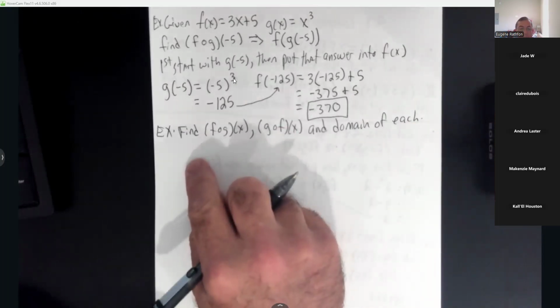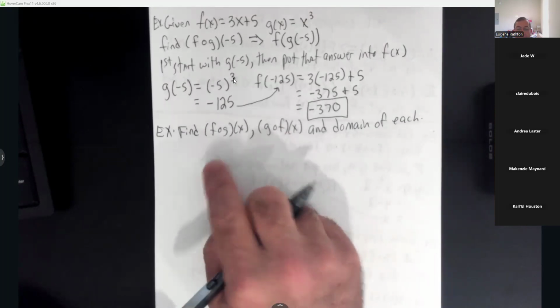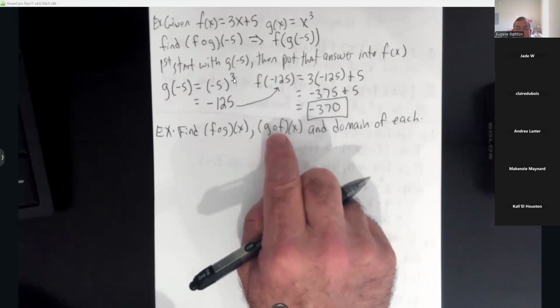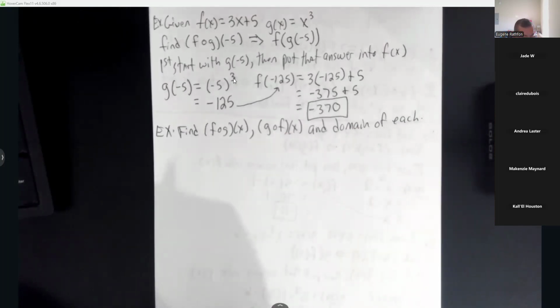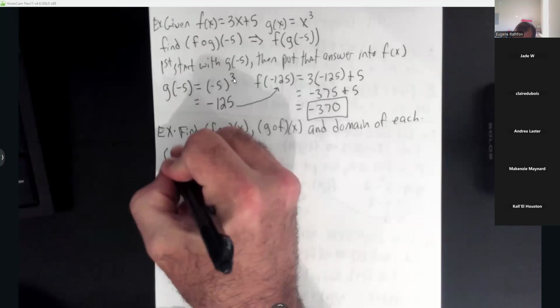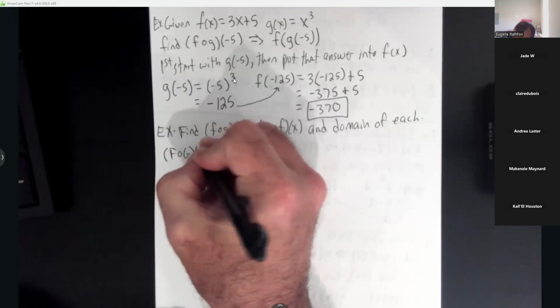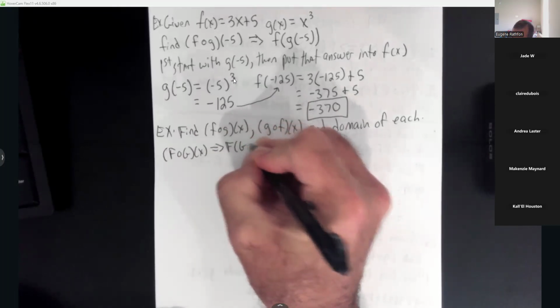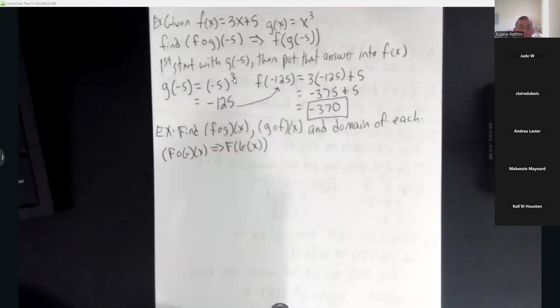So I'll find f of g of x first, g of f of x, then I'll tell it the domain of my f of g of x, and then the domain of my g of f of x, okay? All right, so let's start with f compose g of x. That is like f of g of x.